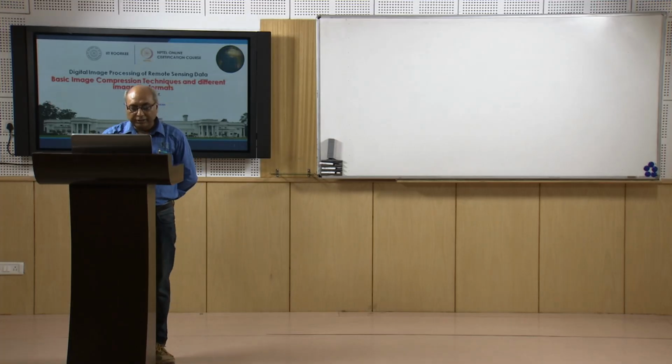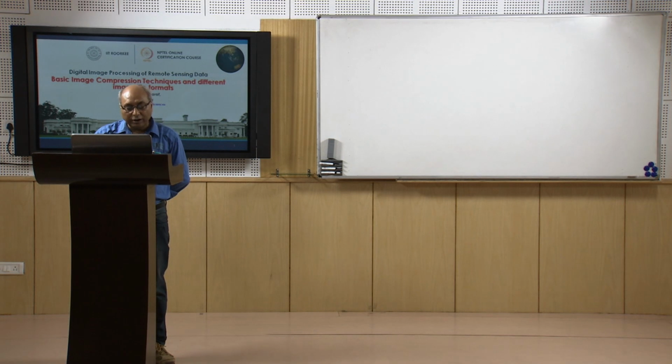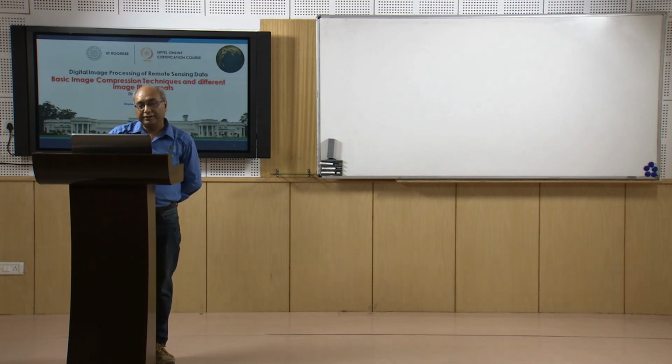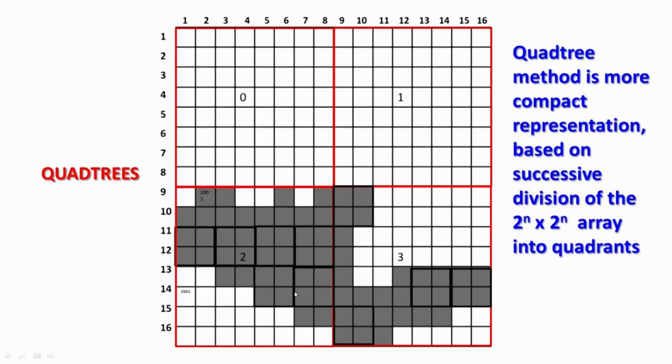So the large quadrant 2 has been divided into 4 quadrants, and then again a search is made after coding, and if homogeneity has not been achieved, then further division is required. Take the example of quadrant 2 0: further divisions are required. Out of these 4 quadrants, this quadrant will have 2 0 0.